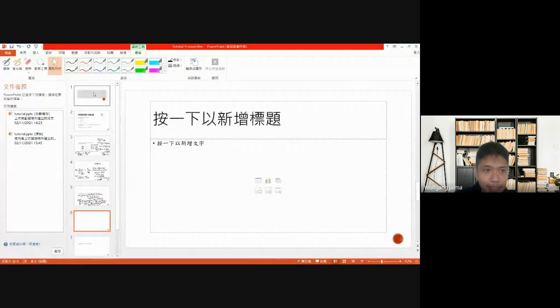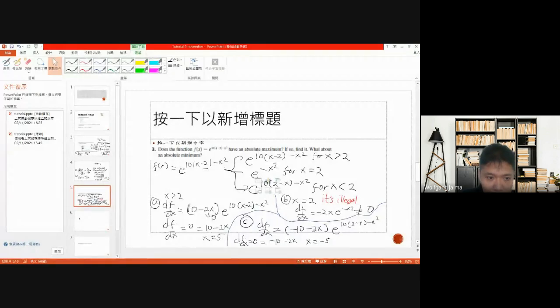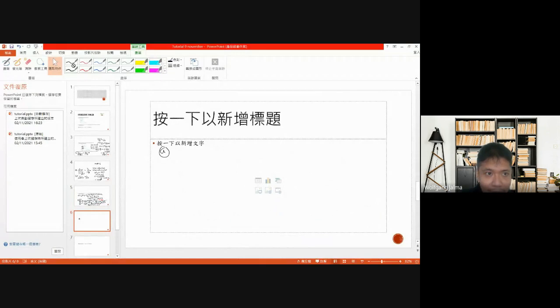So we have here a, where df dx equals 10 minus 2x e to the power of 10 times x minus 2 minus x squared, and we have our candidate point at x equal 5.